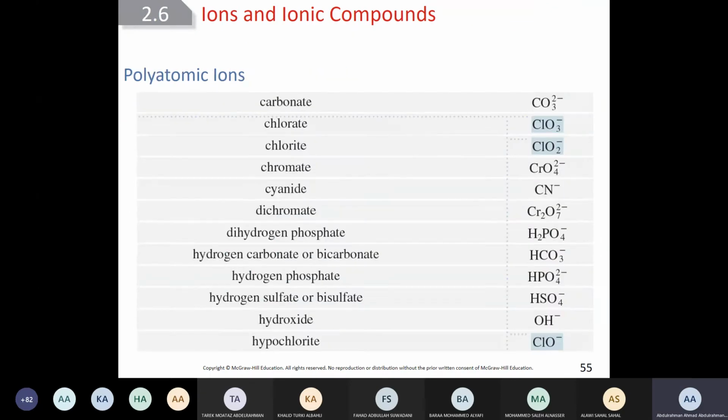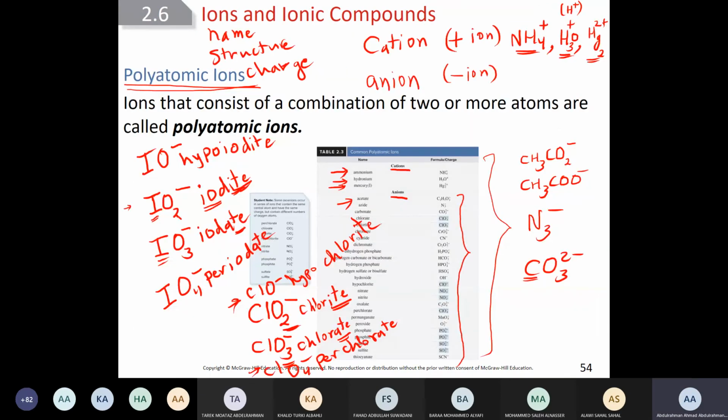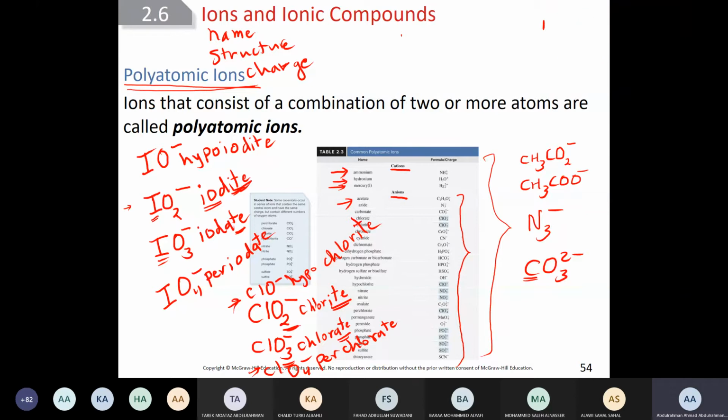Good. Let's go back to our table. As I said, you have to memorize the table extremely well. Doctor, if we say zinc oxide and we didn't mention the oxidation number, is it true? It's correct, but that's not the best way.